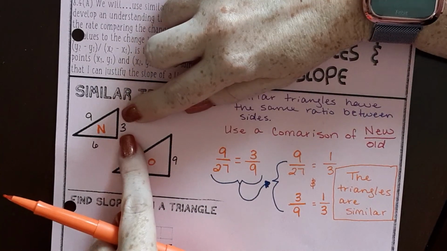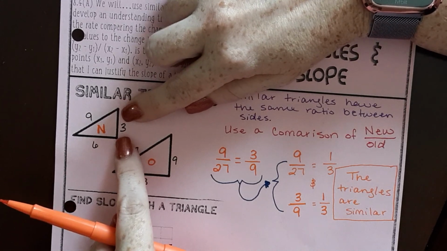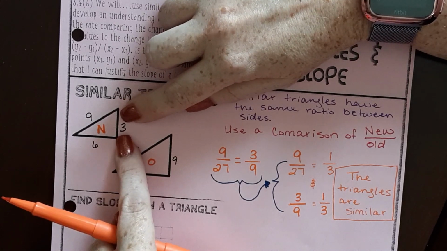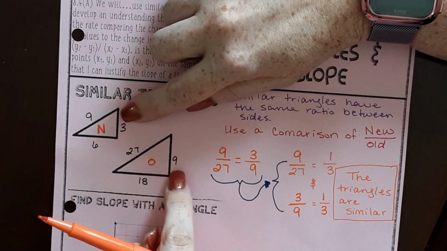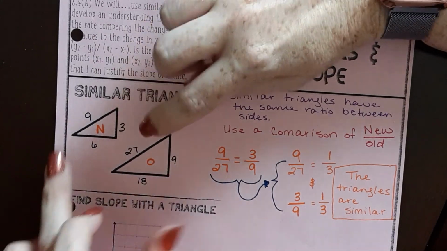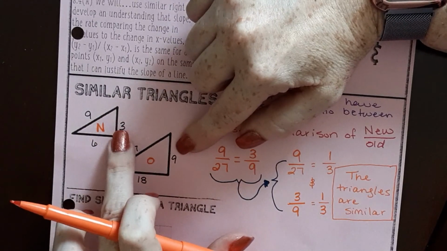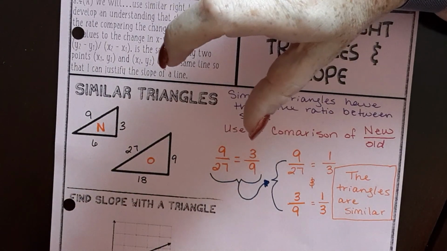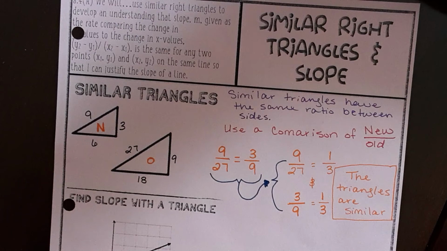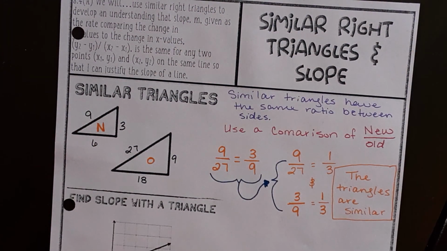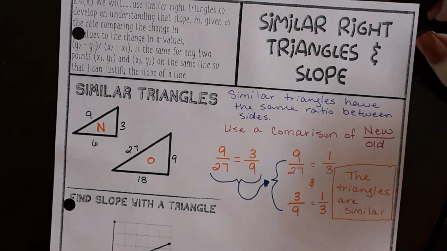My new triangle on this length is 1/3 the size of my old triangle. Because this side here and this side here are the same reduction in size, they're similar triangles. They have the same ratio.